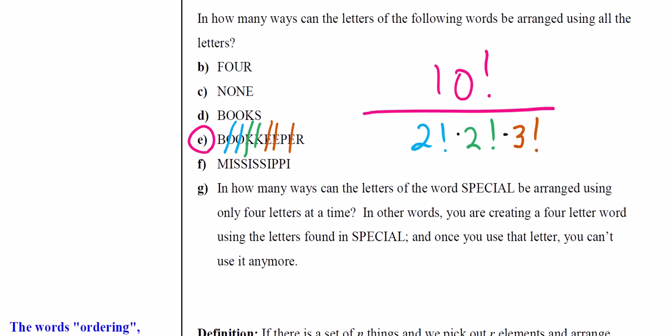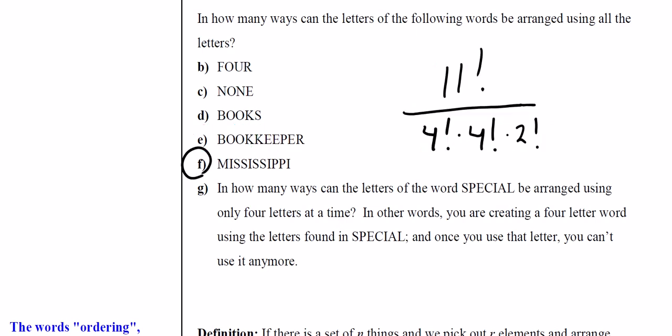And so this would be the appropriate setup for part E. Convince yourself that for the word Mississippi, this is the amount of possible ways to arrange all of the letters in the word Mississippi. You might want to use some more to describe where some of these numbers came from.